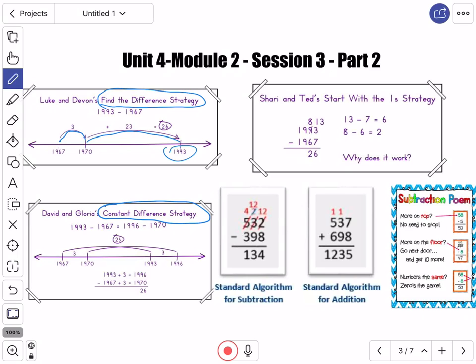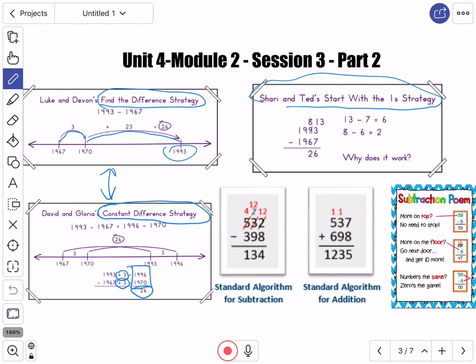Whatever I do to the top number, I do to the bottom. In this case, whatever I do to one number, I also do to the other, which means if I'm going to add 3 to one of the numbers, I'm going to add 3 to the other number, just to turn them into numbers that are a little bit easier to subtract. So then my 1993 became 1996, and my 1967 became a 1970, which made it easier for me to subtract and get 26. So same problem, but 2 different ways of doing it.